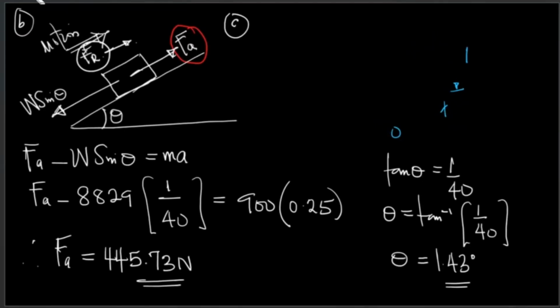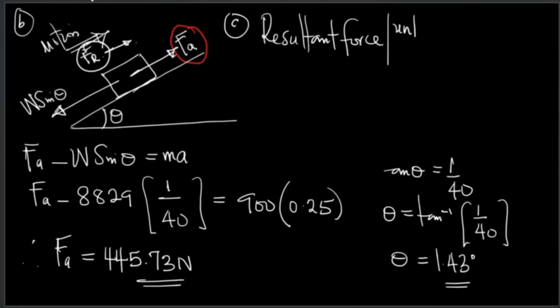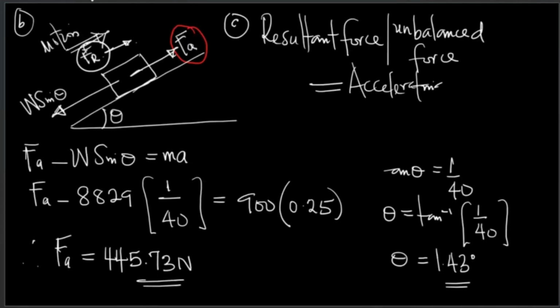Let me just write that here. Resultant force, which is as well referred to as the unbalanced force, is the same thing as the accelerating force, which is equals to mass multiplied by acceleration.